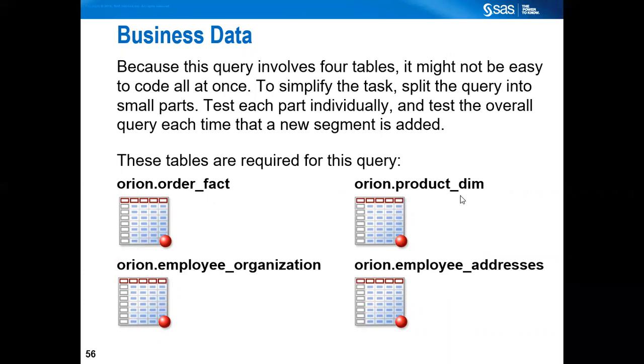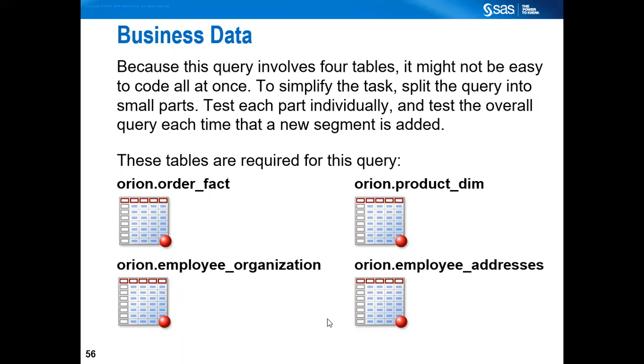Orion product dim. Then for your manager's name and address or city information, you'll have to use the employee address table. Then about the order detail, in which year, what date that sales representative performed the sale, you'll have the order fact table. And of course, the organization table overall to get the employee details.